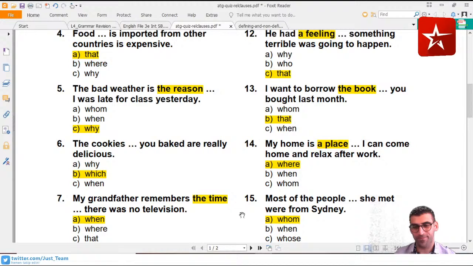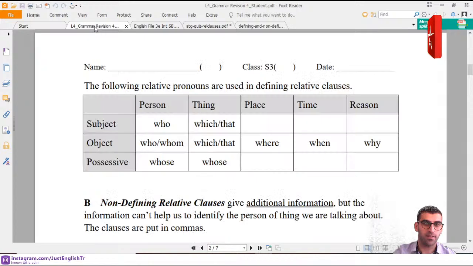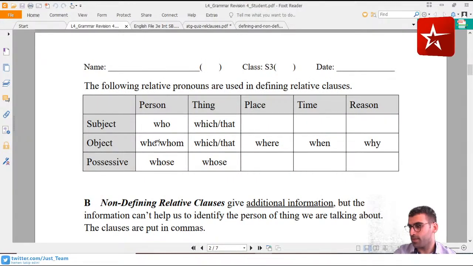Just one defining and one non-defining relative clause. If we are talking about something as the object of the sentence, we have to use whom in order to give additional information. Oh, it's very funny. Okay.